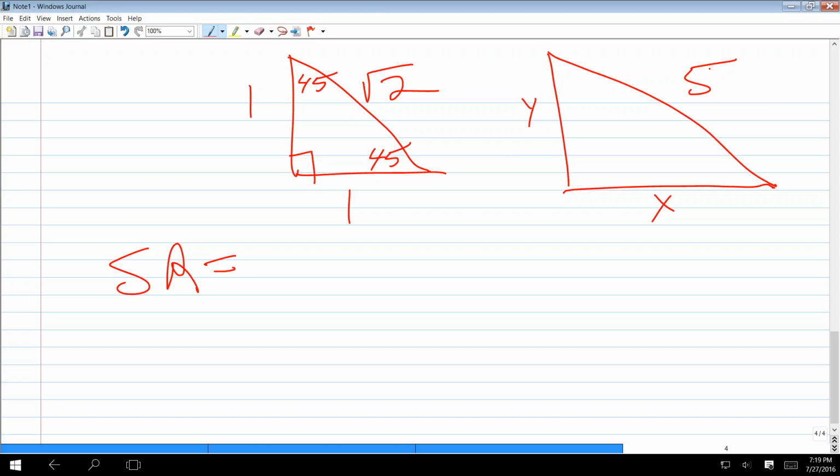So what is the similarity ratio? 5 divided by root 2, yeah, that's what I meant to say. Okay. Now, what's y? And what's x?